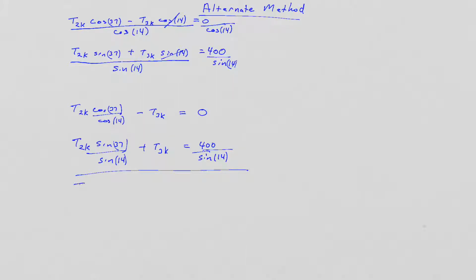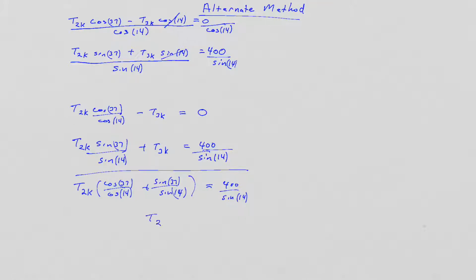So adding stuff together and combining some terms, I'm going to pull the T2k out, and I will end up with cosine of 37 divided by cosine of 14 plus sine of 37 divided by sine of 14. Close the parenthesis. The T3k here and the T3k here cancel each other out, so we're left with all of this equaling 400 divided by sine of 14.